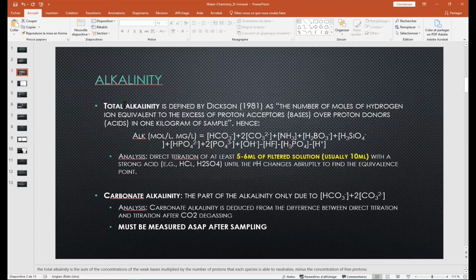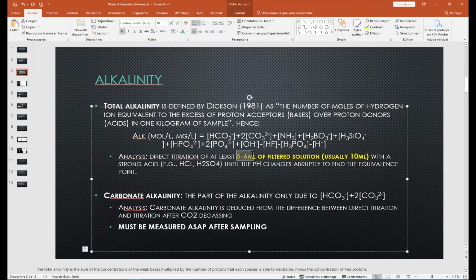And to analyze this alkalinity, you need to do a titration with a strong acid like HCl or sulfuric acid. You need 5 to 6 ml of filtered solution, but usually it's better to have 10 ml to do the titration.